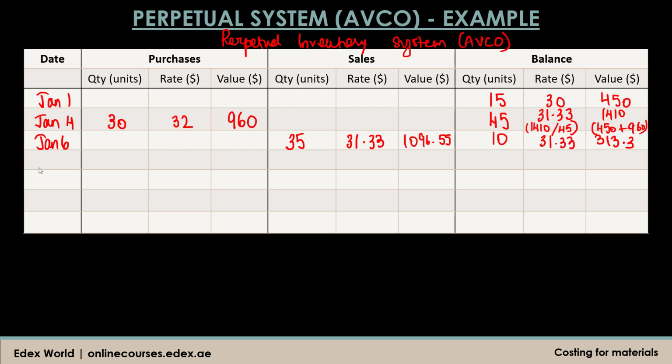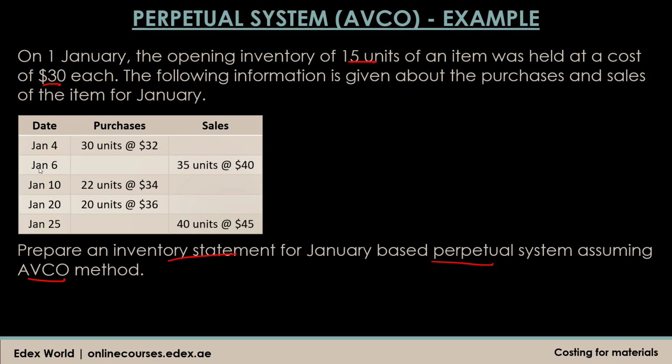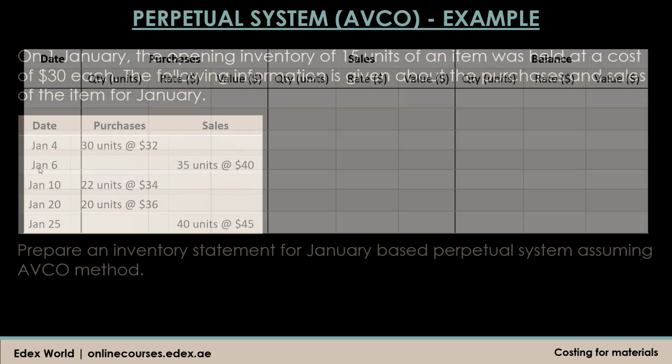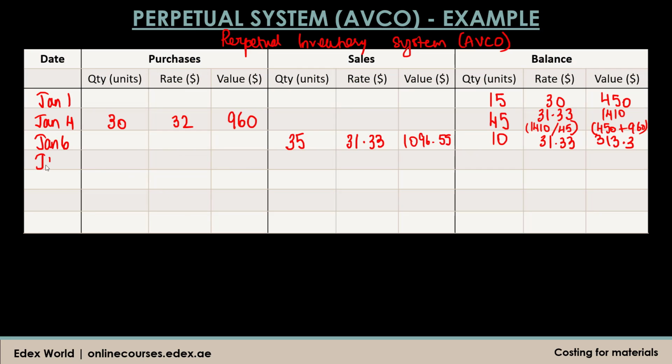Then on Jan 10, we received 22 units at $34 per unit, $748. We'll have to arrive at the new balance in terms of rate, in terms of quantity and value.